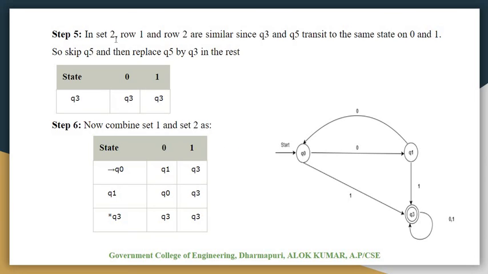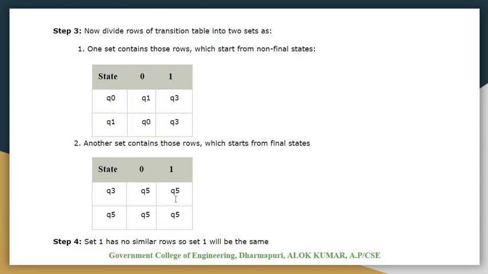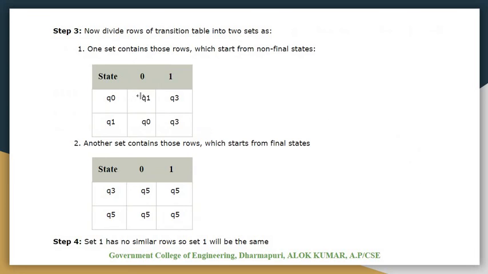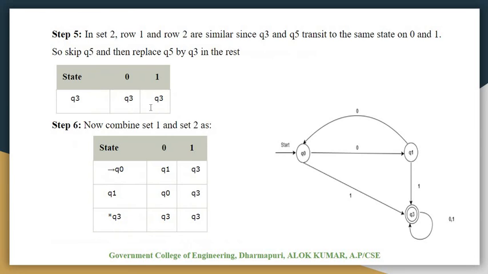Here in set 2, row 1 and row 2 are both similar, so we remove one row. Now we combine set 1 and set 2, and this will be the minimized DFA. This is the last topic, the minimized DFA.